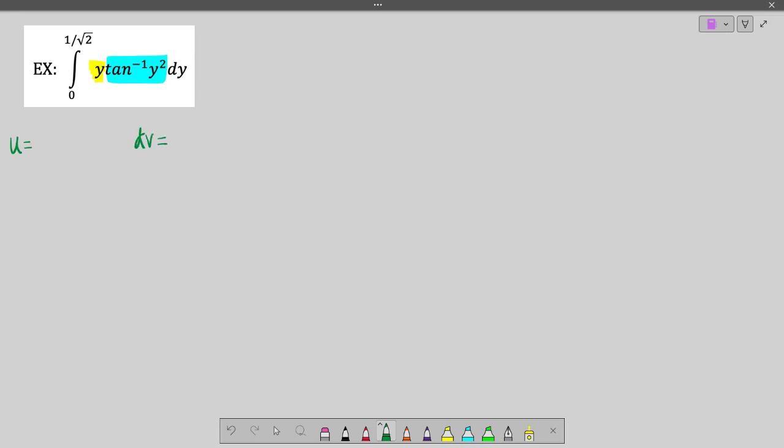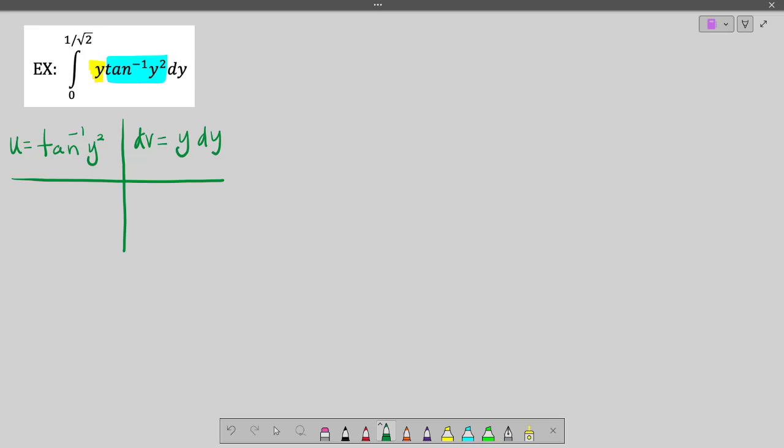Putting the arctan with the dv would mean that we need to integrate arctan to get to v. We don't know an antiderivative for arctan. You know a derivative, for sure, but you don't know an antiderivative. So that tells us right away that we really don't have a choice. We are going to put the arctan with the u, and then whatever's left is going to go with the dv.